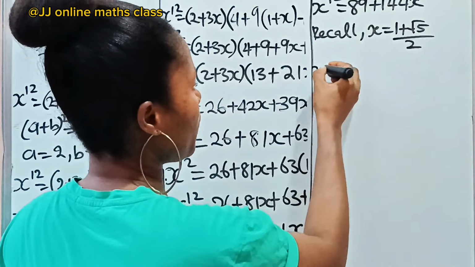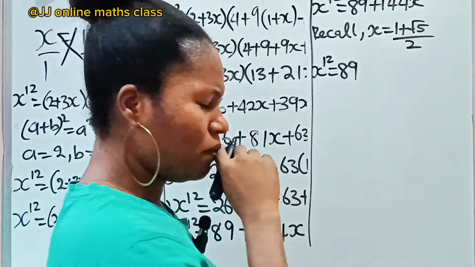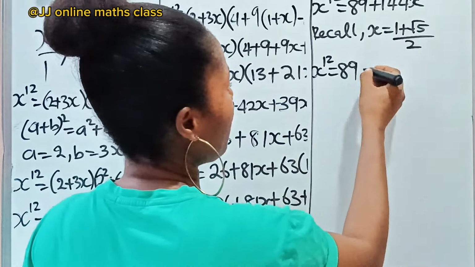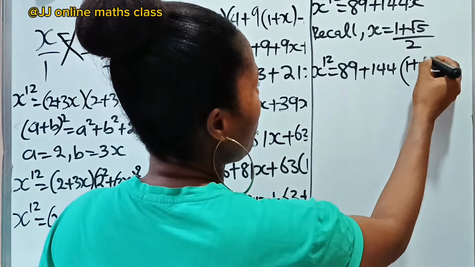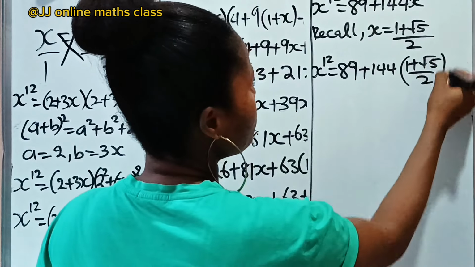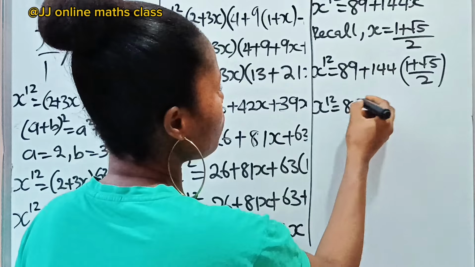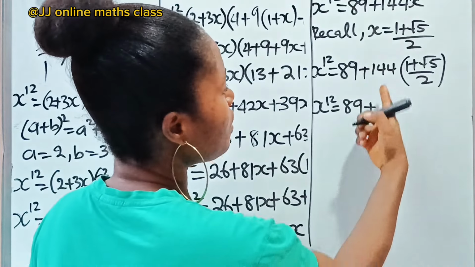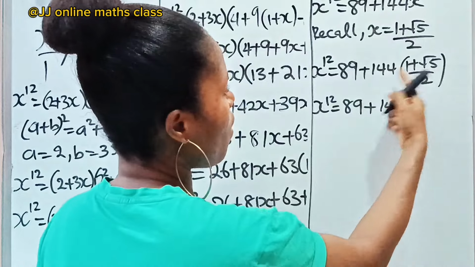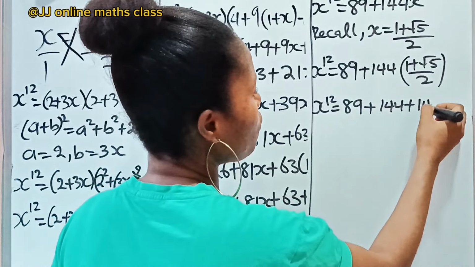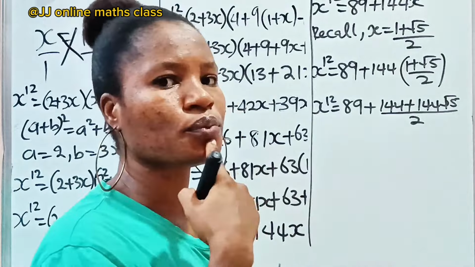So if we do that, we have x to the power of 12 is equal to 89 plus 144 bracket 1 plus root 5 over 2. Now 144 times 1 will give us 144. 144 times root 5 will give us 144 root 5 divided by 2.